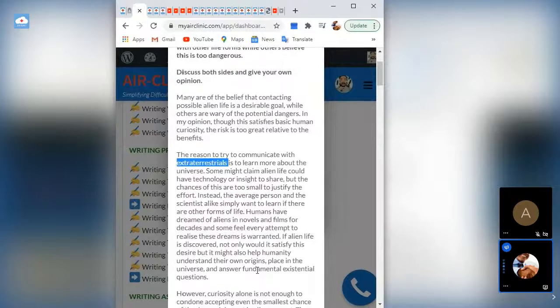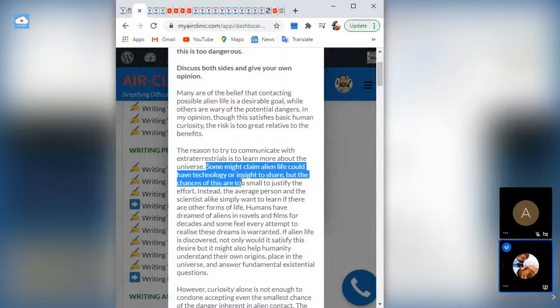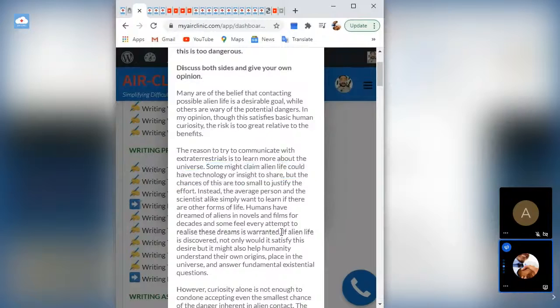All right. So this guy stated two major points. Okay. One is about technology. All right. Said we might be able to learn technology or insights. Okay. Then the second one is about satisfying a desire. All right. So these are the two advantages that he stated based on what he wrote here.